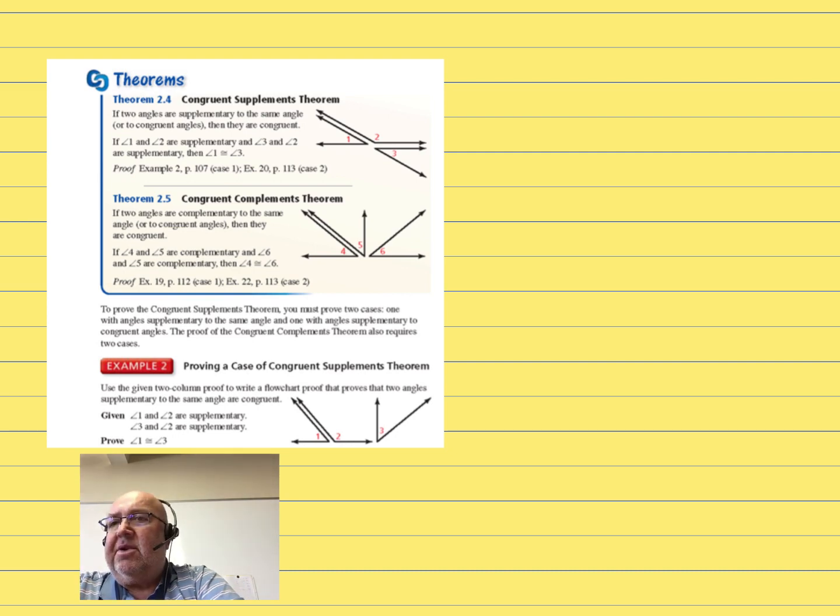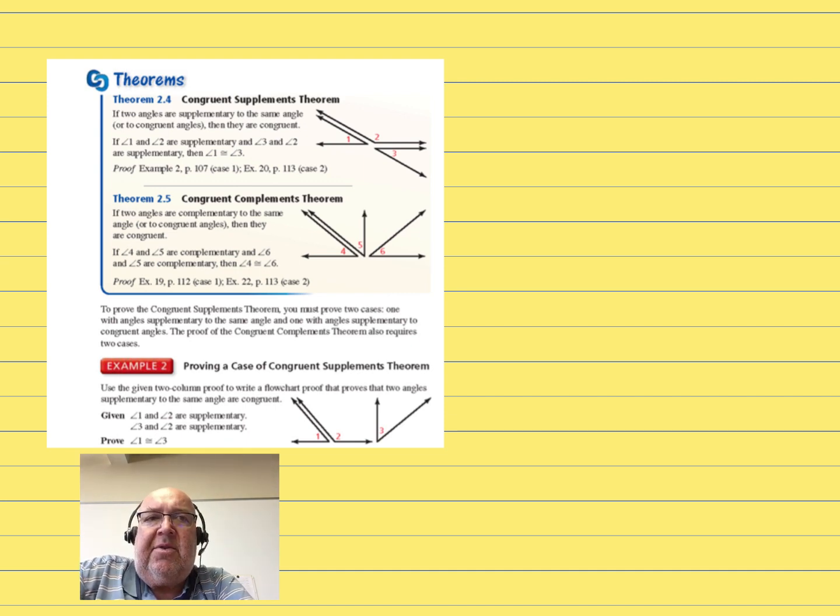Okay, so going on, we're looking at the bottom down here. We're looking at two theorems being introduced, the congruent supplements theorem that says that if angles 1 and 2 are supplementary and 3 and 2 are supplementary, 1 and 3 are then congruent.